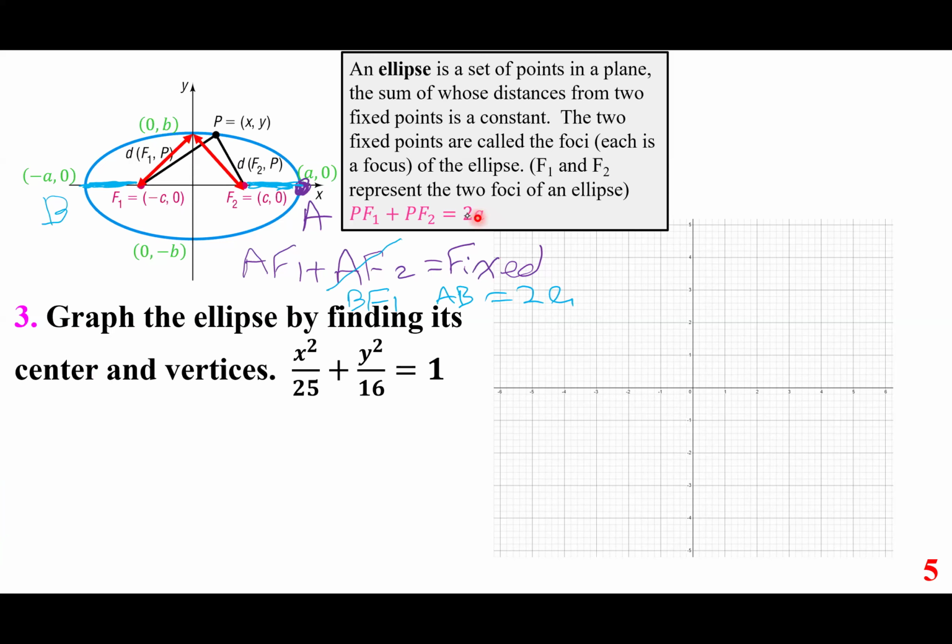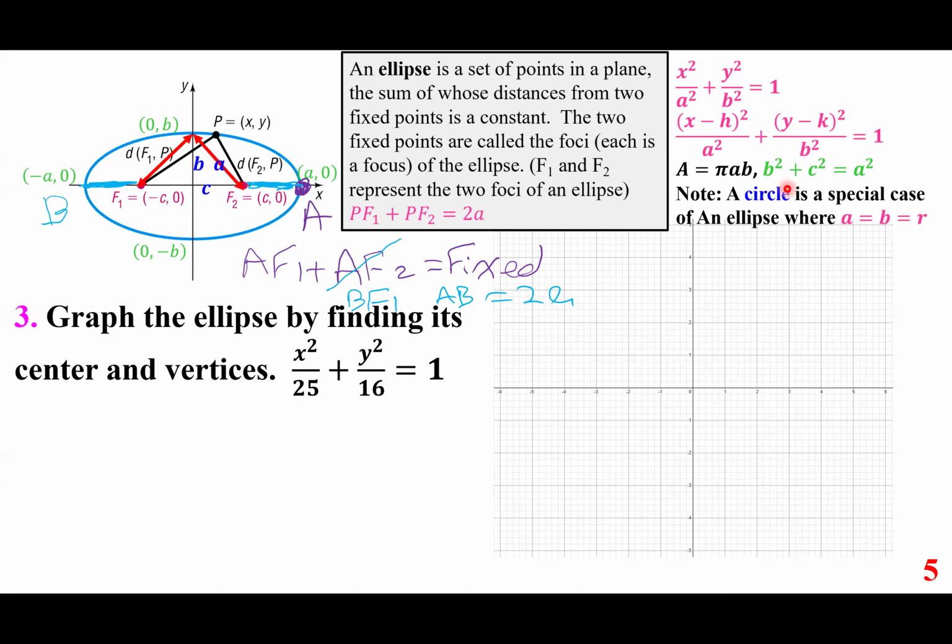Also, there's another formula I want to mention. So this distance is A, this distance is B, and this distance is C. This is by Pythagorean theorem. So I want to discuss that one before anything else. B squared plus C squared equals A squared. Let me erase my work. This distance is a focal distance.